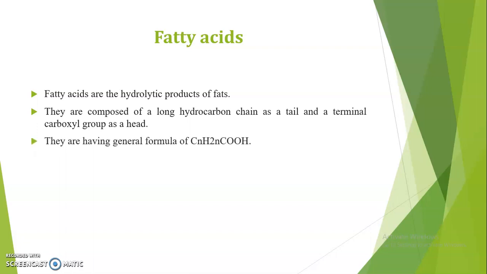They have the general formula CnH2nCOOH. Means all fatty acids have the general molecular formula CnH2nCOOH.